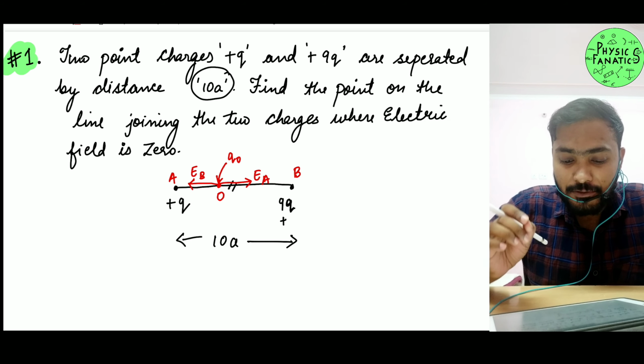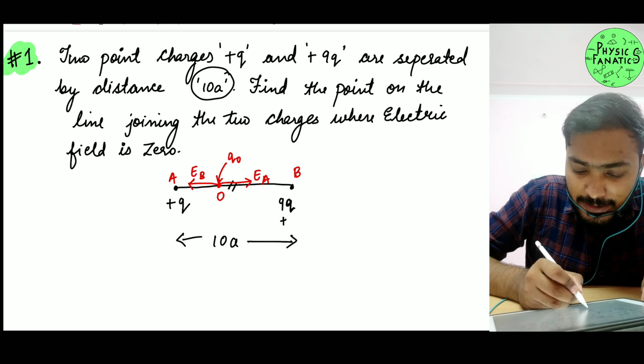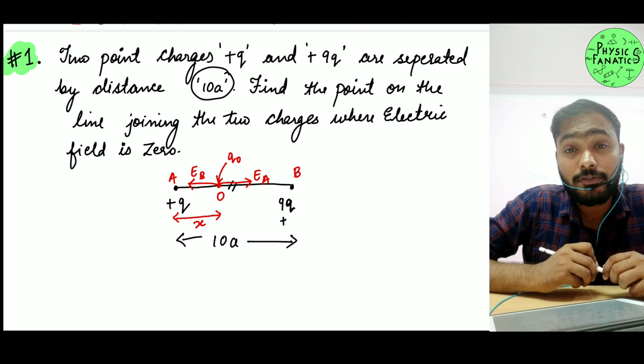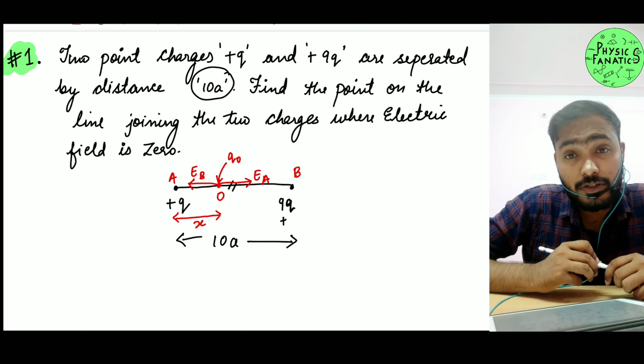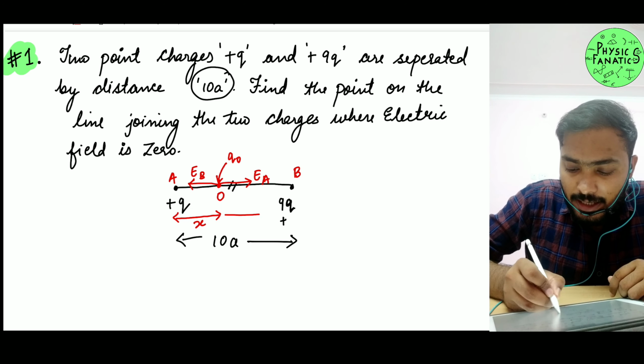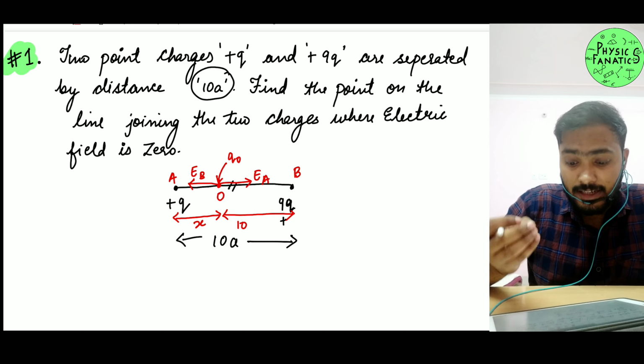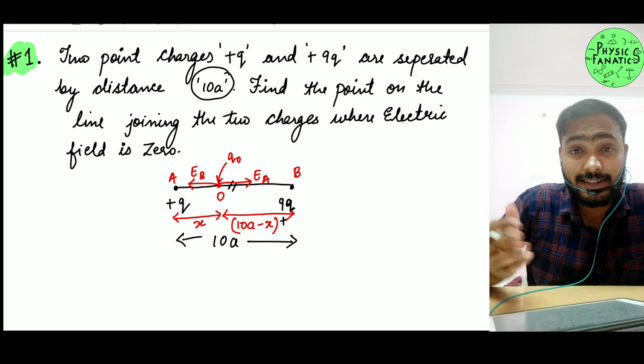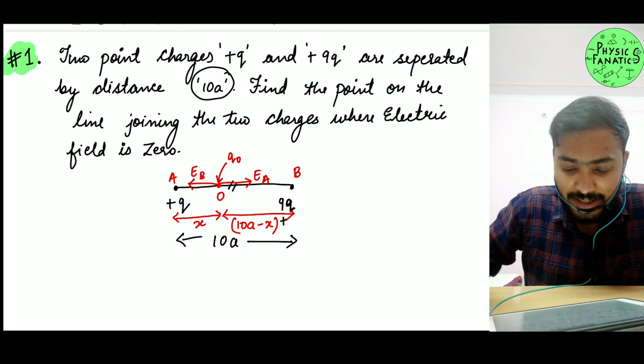So let me say this distance is some x distance away from my plus q charge, right? Then I know that the left distance will be 10a minus x, right? I hope that is understandable to everyone, right? Great.